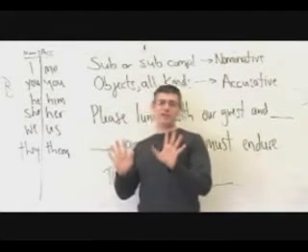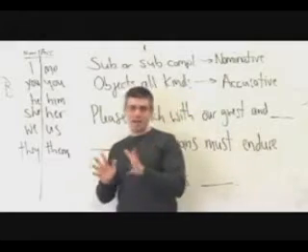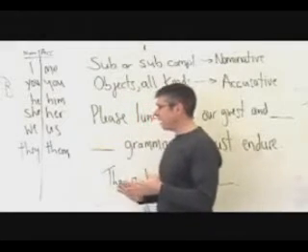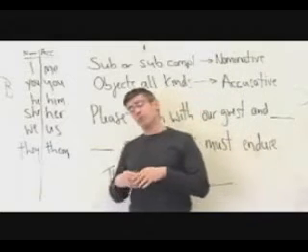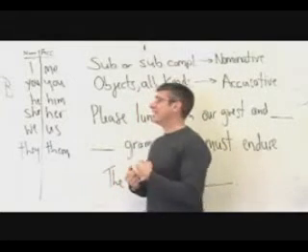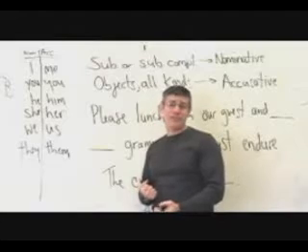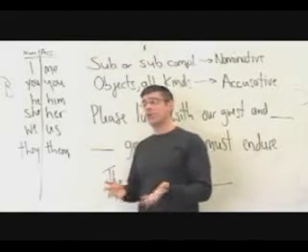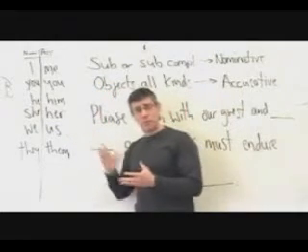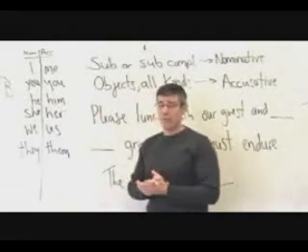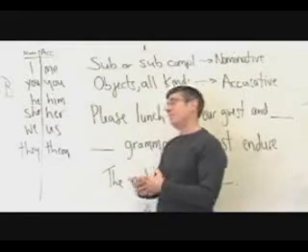So first, let's line up these pronouns by their case. The two cases that we're going to deal with are the nominative case, which nowadays is sometimes called the subjective case, and the accusative case, which is sometimes called the objective case.